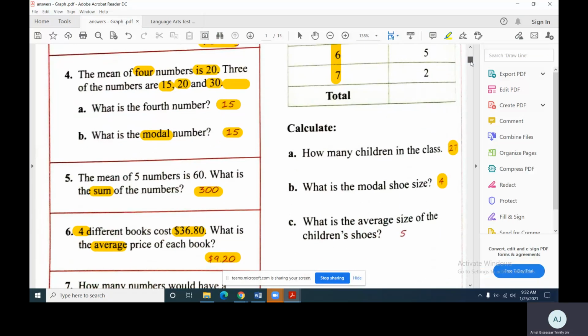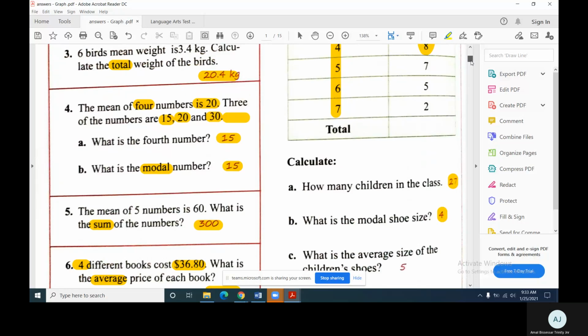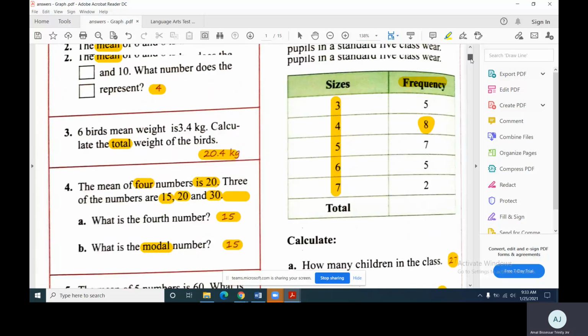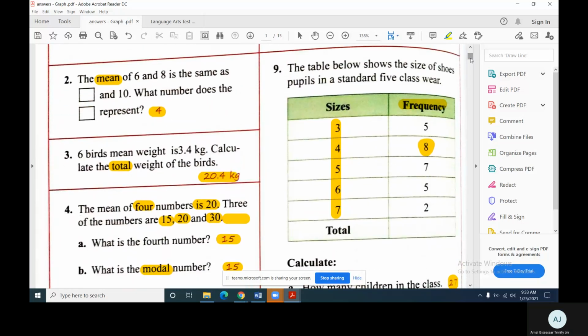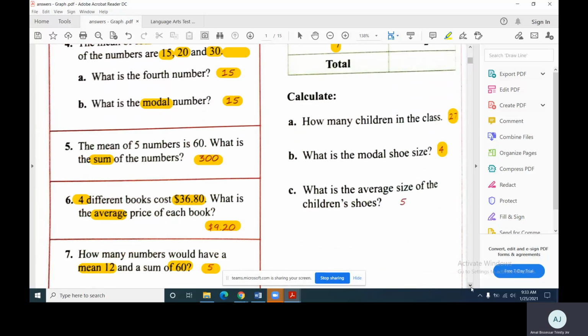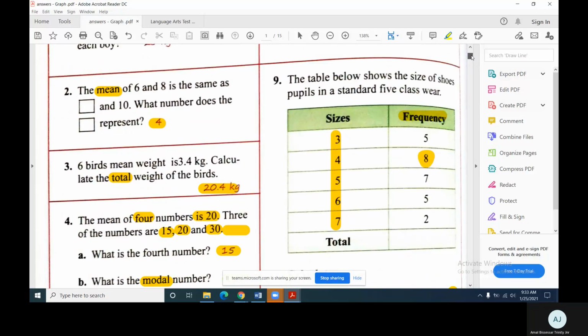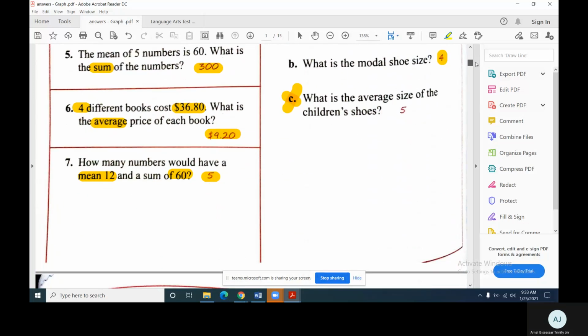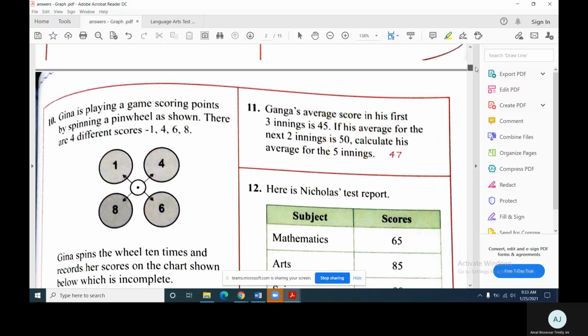Right, sorry about that. So you have standard 5 has 5, 8, 7, and you have 1, 2, 3, 4, 5 sizes. I believe this question is not correct. I will check this question and get back to you on number 9. I'm just going to move forward.